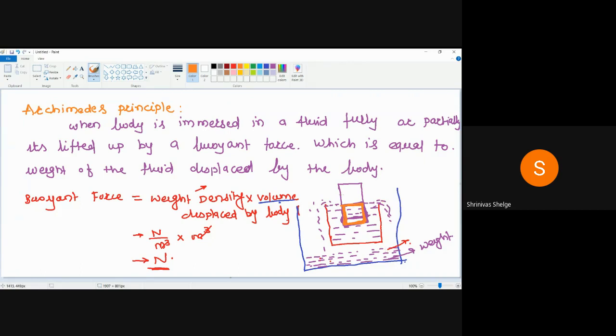So just focus on this body. Suppose the body is fully immersed. Imagine that the body is fully immersed, correct? And the volume of the body is, suppose, 1 meter cube. Just imagine this, I am just taking one example. So how much is the volume of the fluid displaced by the body if it is fully immersed?